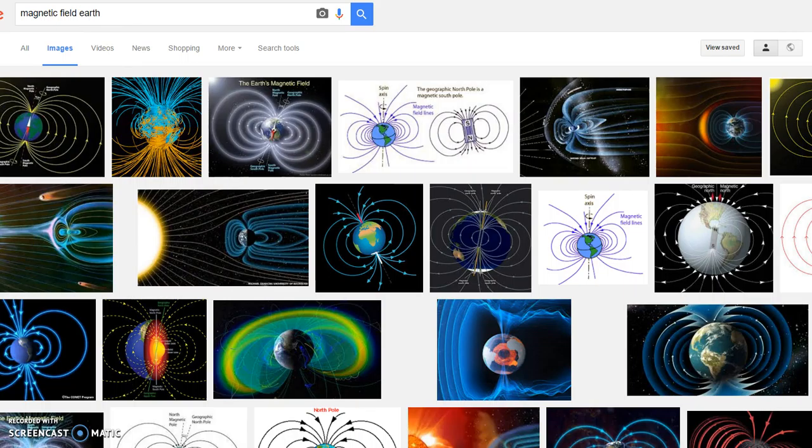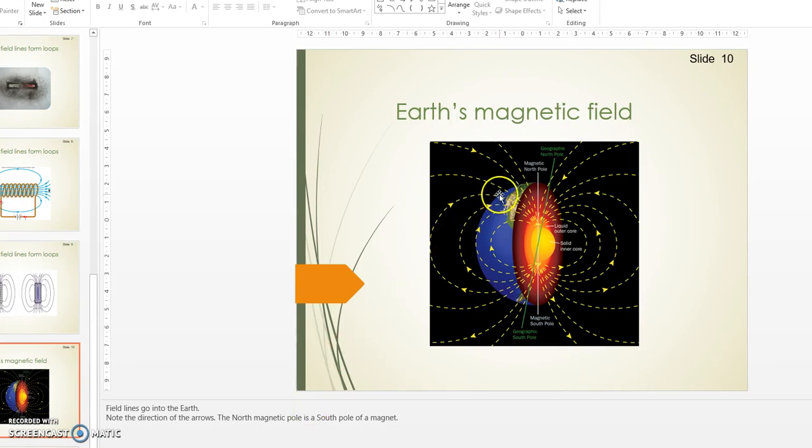I've picked out a few that do show this. And it's good for the students to see this and to note how the arrows go from the South Pole to the North Pole, which implies that our South Pole is a magnetic North Pole. So we can have a good discussion about that in relation to compasses.